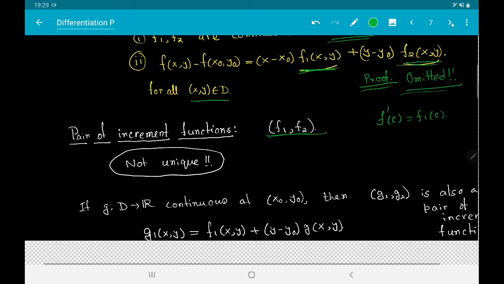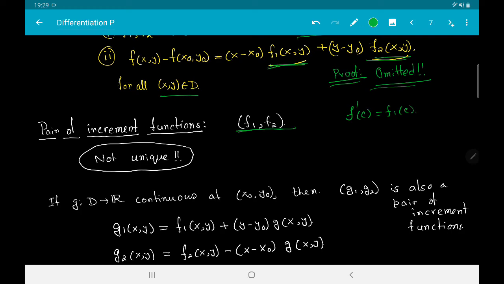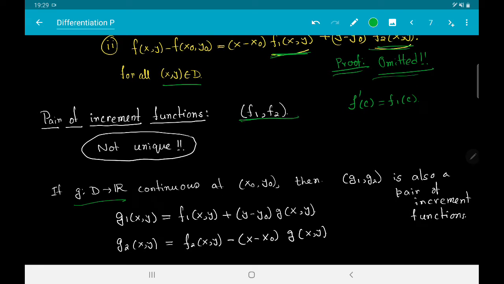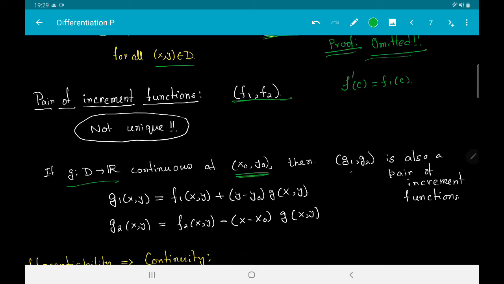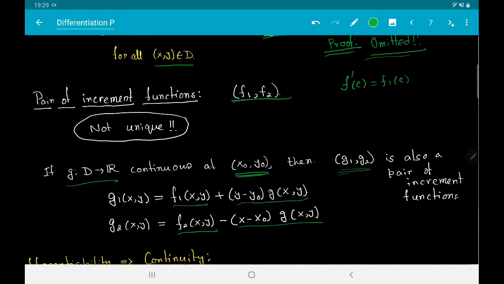In fact, you could take any function g from D to R which is continuous at the point x0, y0, and then consider the pair g1 and g2 defined as follows: g1 of x, y is equal to f1 of x, y plus y minus y0 times g of x, y, and g2 of x, y is f2 of x, y minus x minus x0 times g of x, y.